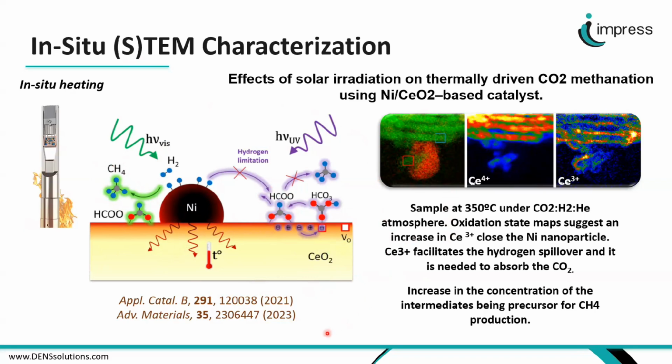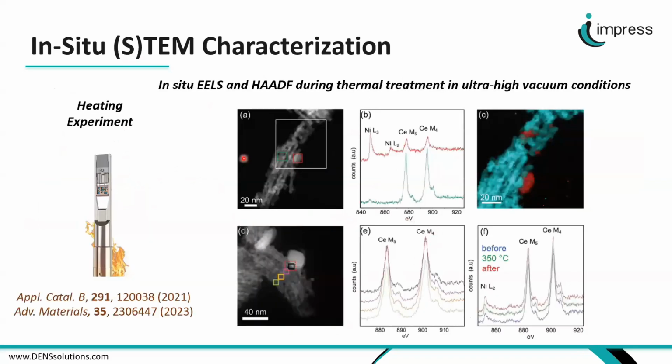The second paper comes from 2023, and they were doing some in situ EELS experiments where you can better understand the reaction mechanism behind this process. They made two types of experiments. The first one only applies heating, without hydrogen or CO2, to see if we have some changes from cerium 4 to cerium 3.